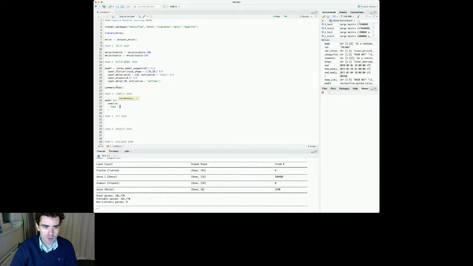Loss. We'll decide how we're going to do the loss. We're going to do sparse entropy. Don't have to worry about this for now. It's just a way of doing loss. It's like drawing a line. It's related to that.